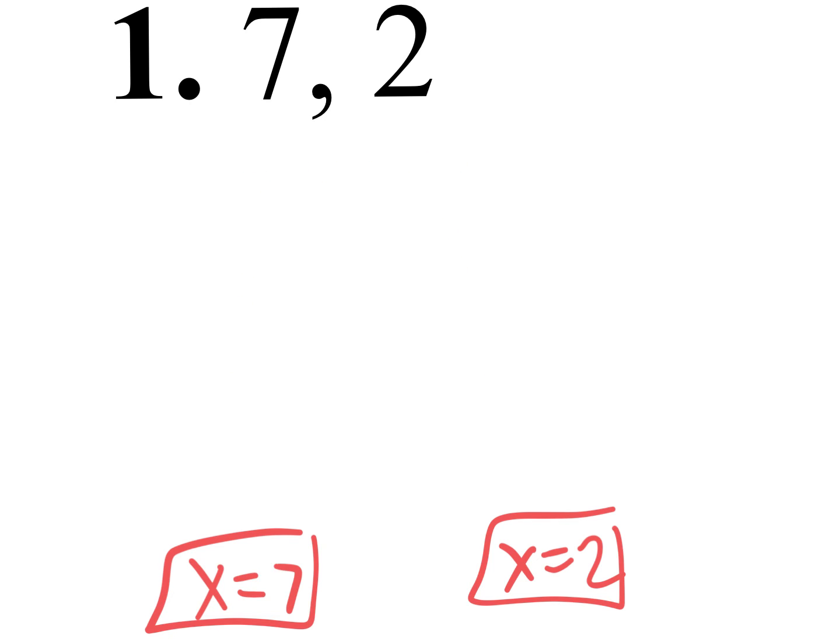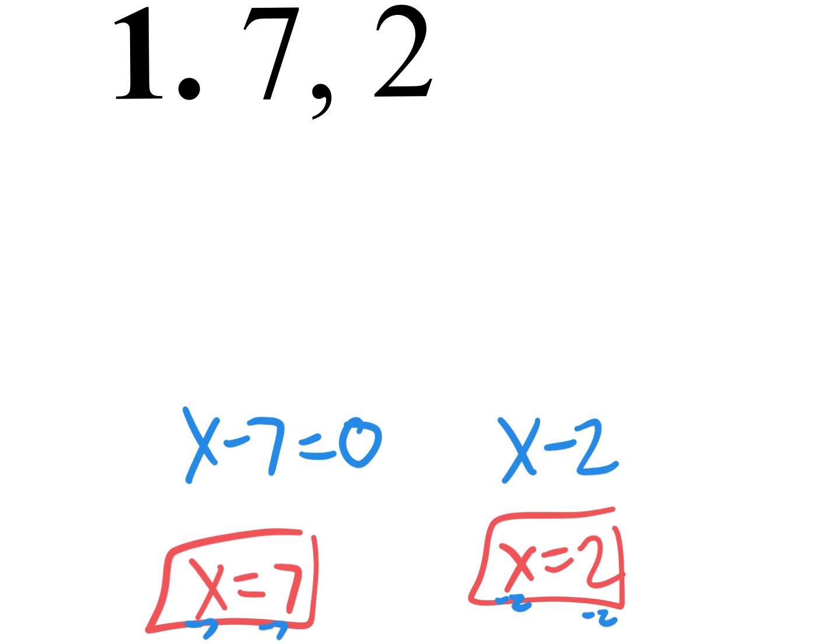So thinking about it, where did the x equals 7 come from? It came from a binomial that was set equal to 0. What was that binomial? X minus 7 equals 0, right? I mean, if you were to subtract 7, you'd have x minus 7 equals 0. Where did the x equals 2 come from? Minus 2, minus 2. Where did it come from? X minus 2 equals 0, right?